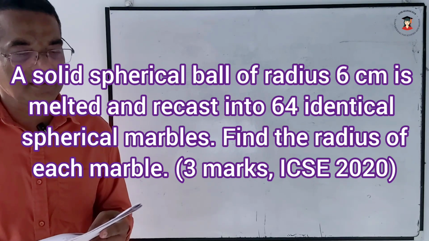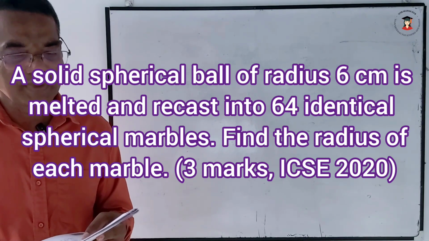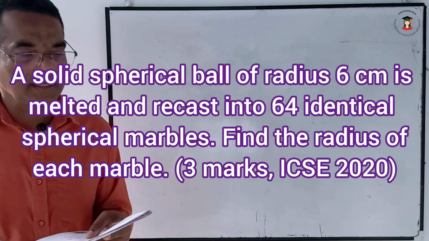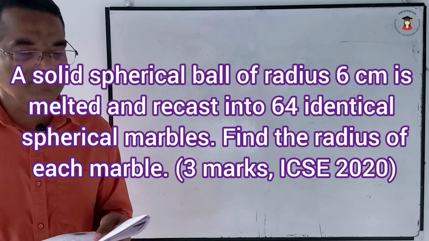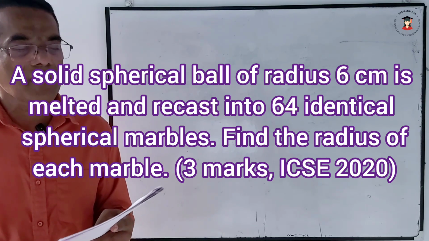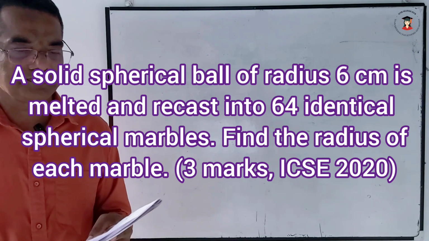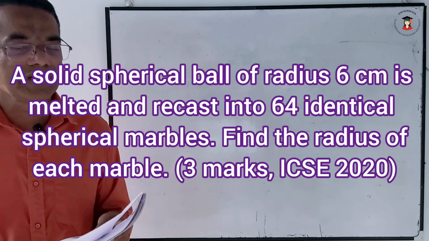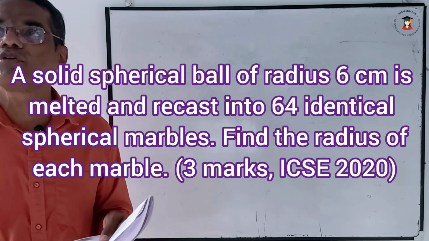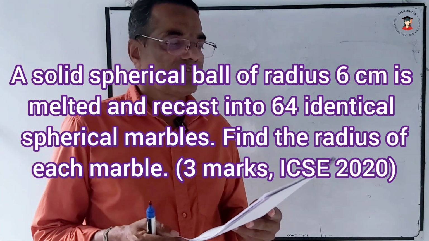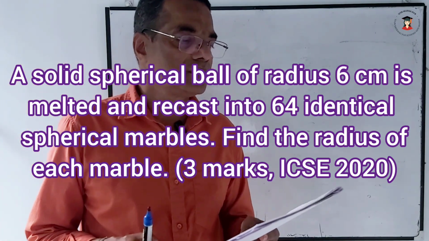So a big sphere is melted and then it is recasted into 64 identical small spheres. Volume of 64 spheres will be equal to 64 into volume of one sphere. Find the radius of each marble.